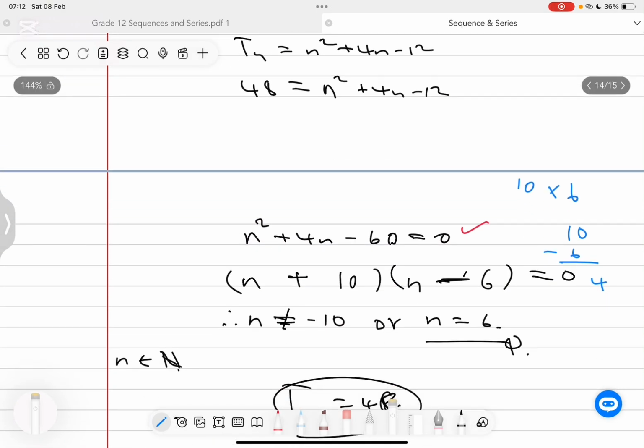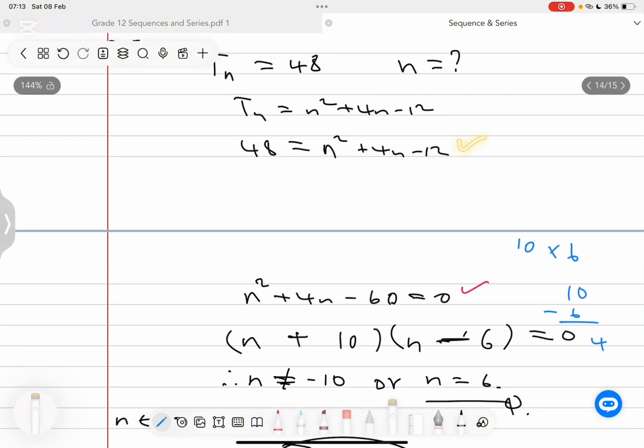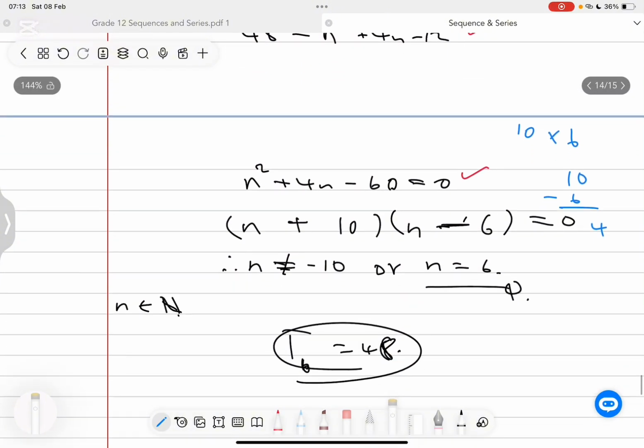They also give you a mark for being able to set up this equation, because you have to see that Tn in this case is 48 and we have that general formula. So they award you a mark for that. And of course, the other mark will come for writing the final answer. Now, writing your final answer also includes rejecting this answer, right? If you didn't reject it, this thing will be wrong, right?